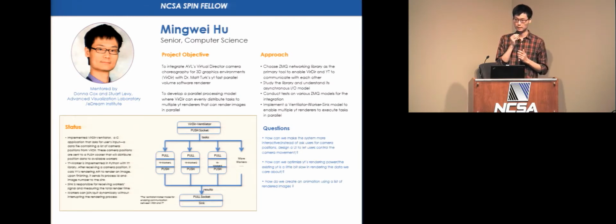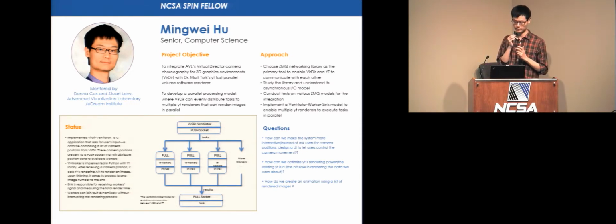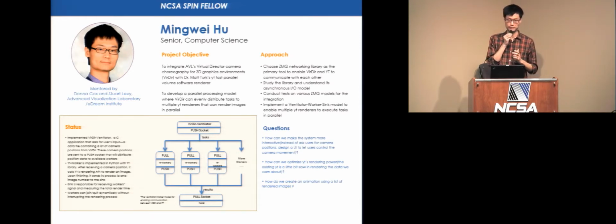But one of the challenges is that we currently lack a system or model to make YT run efficiently. So I came up with a model called ventilator, worker and sink. It's basically a parallel processing model that can run different tasks at the same time and in parallel.